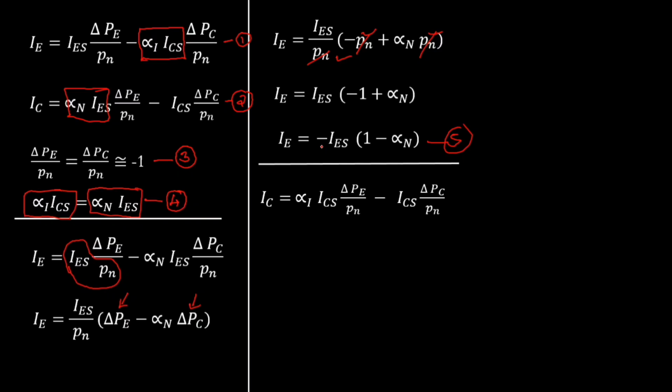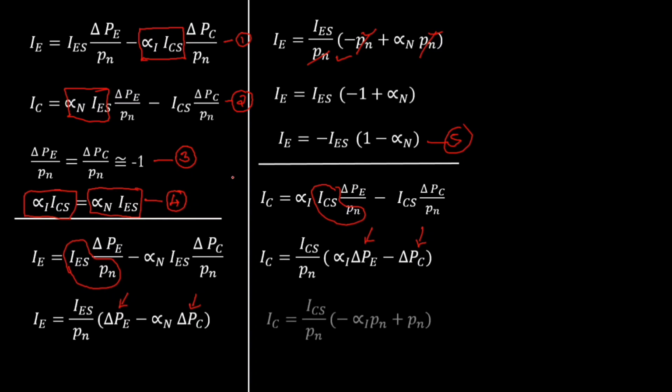Here I_CS into P_n is common, so I will take it outside. Then using equation number 3, I substitute for delta P_E and delta P_C, that is nothing but minus P_n. If I take a minus P_n outside and cancel with the P_n, I will get it like this.